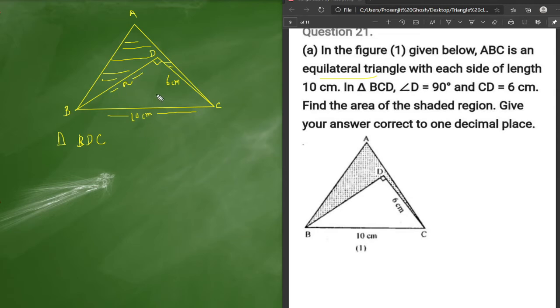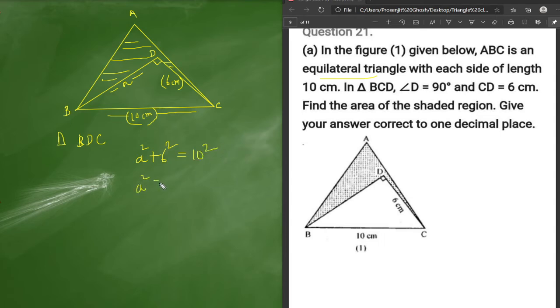How will we do that? If you notice, this is your height, 10 is your hypotenuse and 6 is your base. So we know that height squared plus base squared, that is 6 square, should be equal to hypotenuse square.